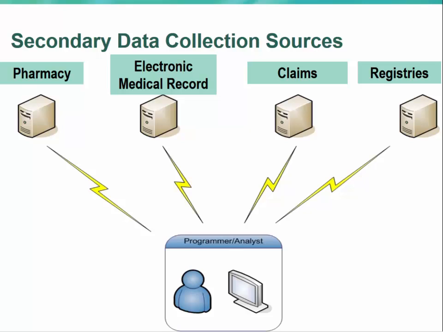Typically there's a pharmacy database where information from outpatient dispensing is stored. Then there's the electronic medical record, where providers are coding different information about the patient, including diagnosis and notes about what they observed. Claims data, as I said, is bills, so they're received from an outside source that the insurance company would pay or not, and then you could extract those claims for the information on procedures and diagnoses.